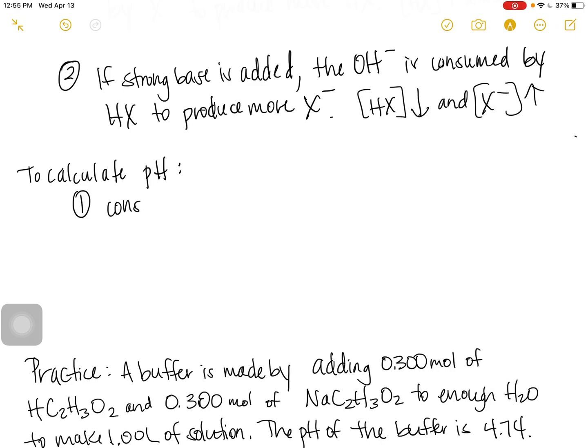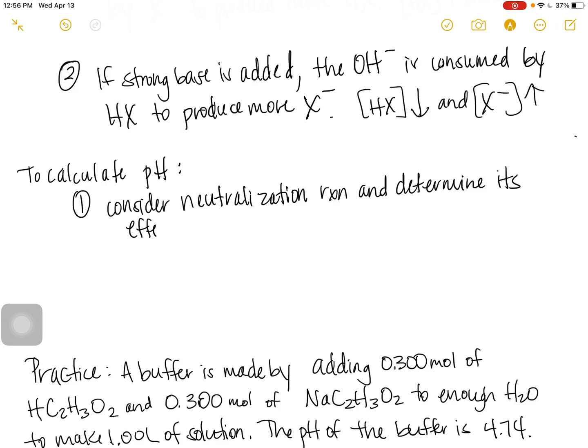We have to think about this calculation in two ways. The first thing is we have to think about the neutralization reaction that's occurring and the effect that that neutralization reaction has on the concentration of HX and on X minus.